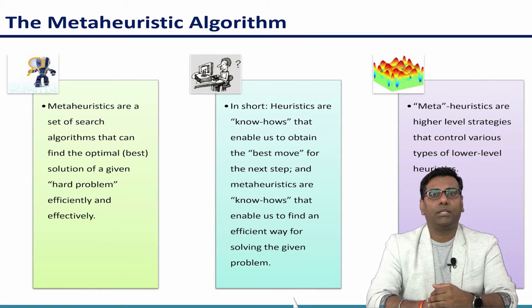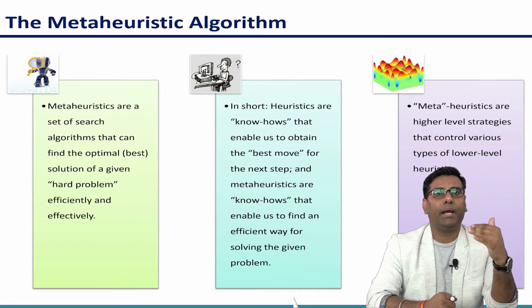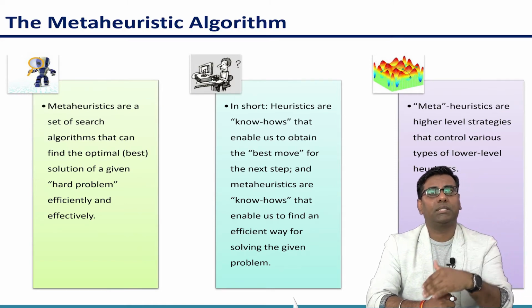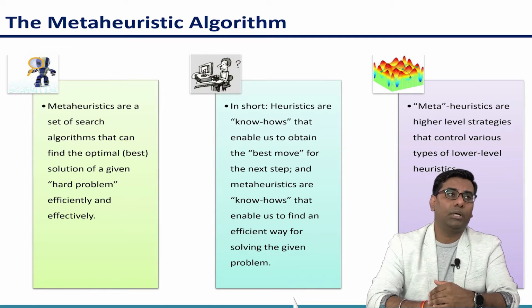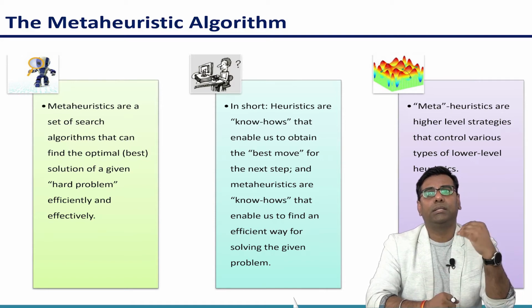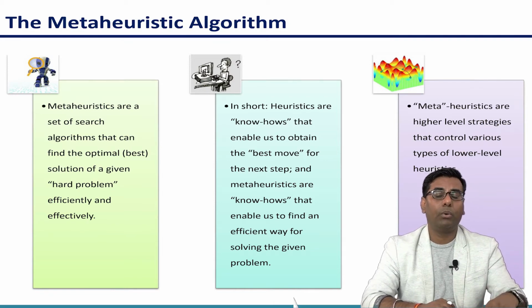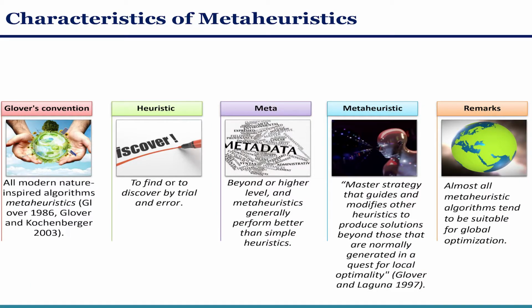In short, heuristics are the know-how that enables us to obtain the best move for the next step, and metaheuristics are the know-how that enables us to find an efficient way of solving the given problem. Metaheuristics are higher-level strategies that control various lower-level heuristics.